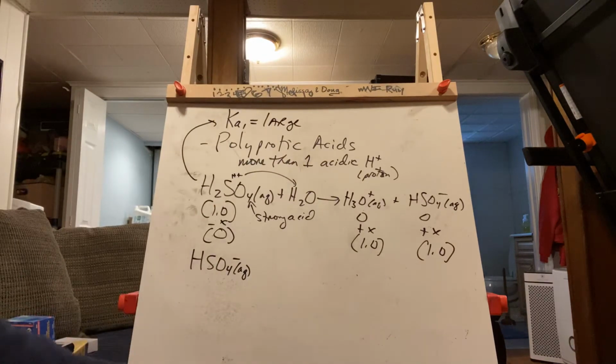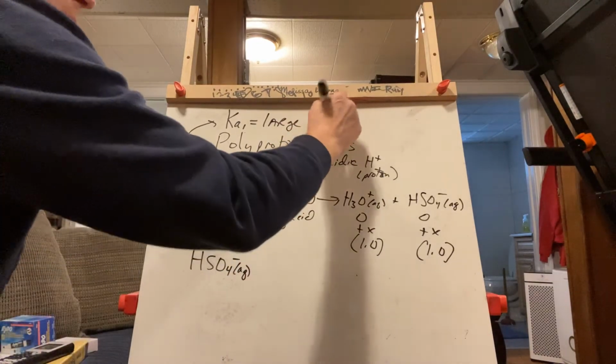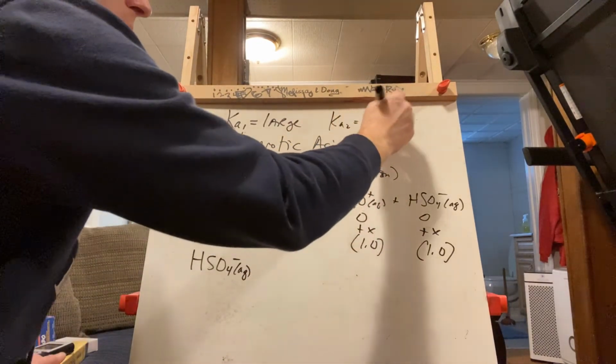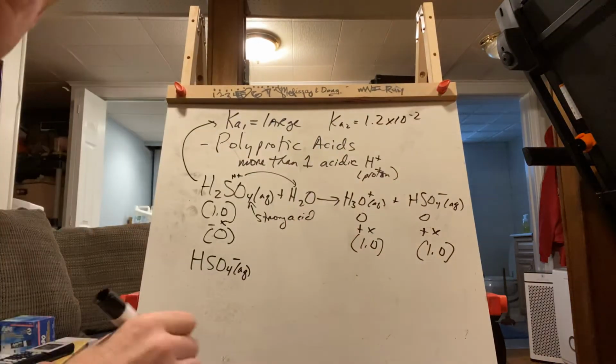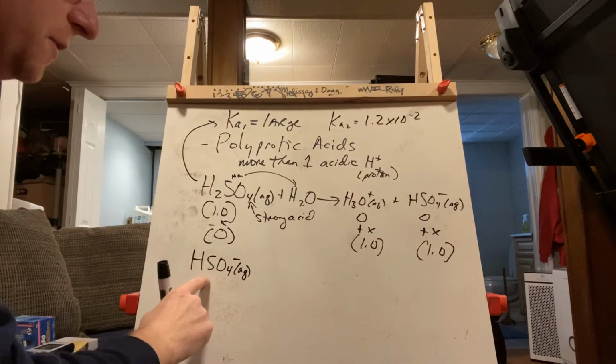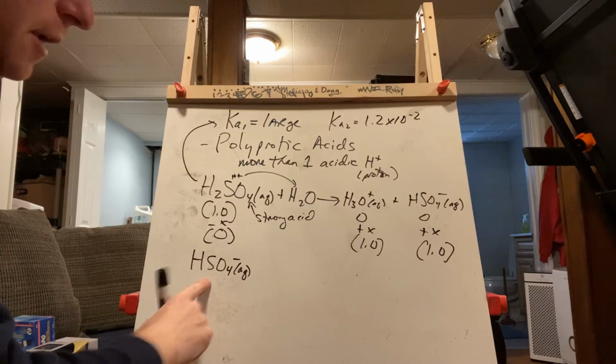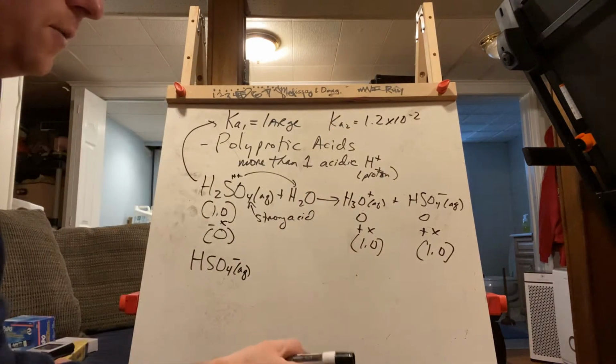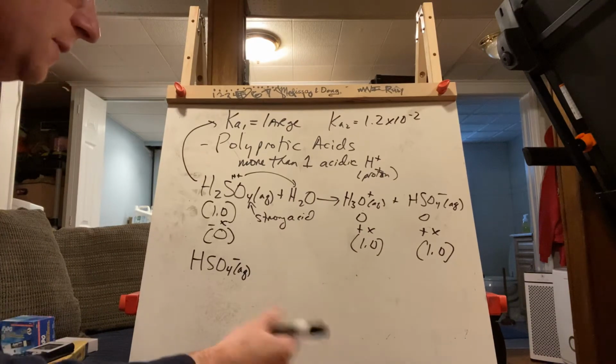It's such a large number. The Ka2 is 1.2 times 10 to the negative 2. So that means if I just had this in solution and put it in water, it's going to behave like an acid with a Ka2 of 1.2 times 10 to the negative 2.